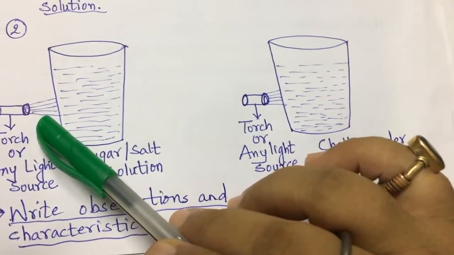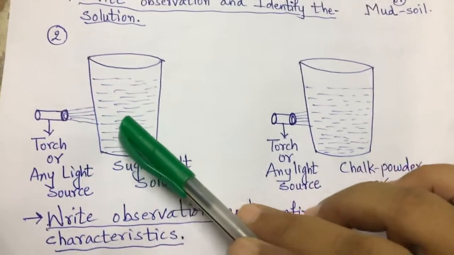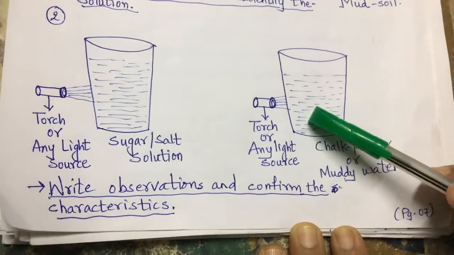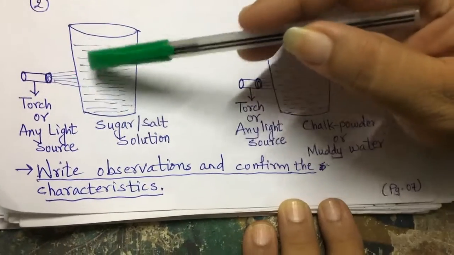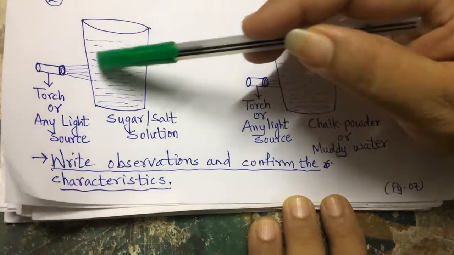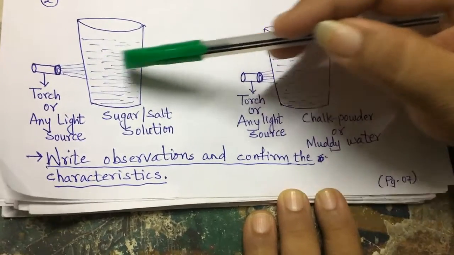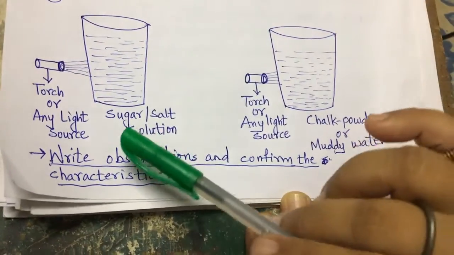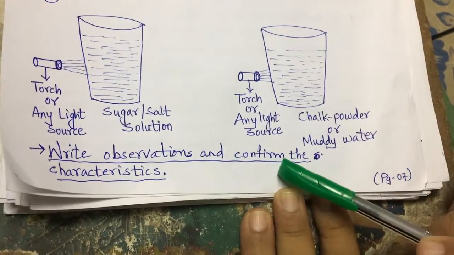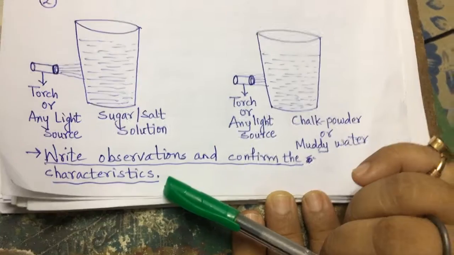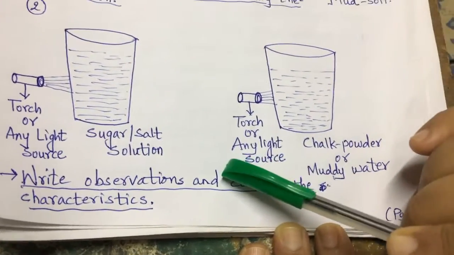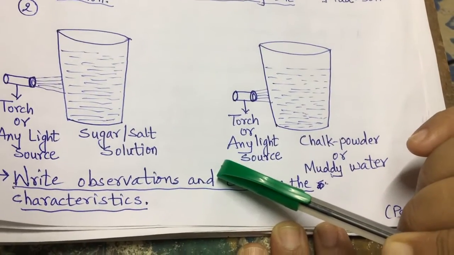If the light is allowed to fall on both solutions, you have to observe whether the light path is seen in this glass and even after it, or it is seen here and not there. Write down what you observe in both solutions and confirm the characteristic, whether it scatters the beam of light or does not scatter the beam of light, right?